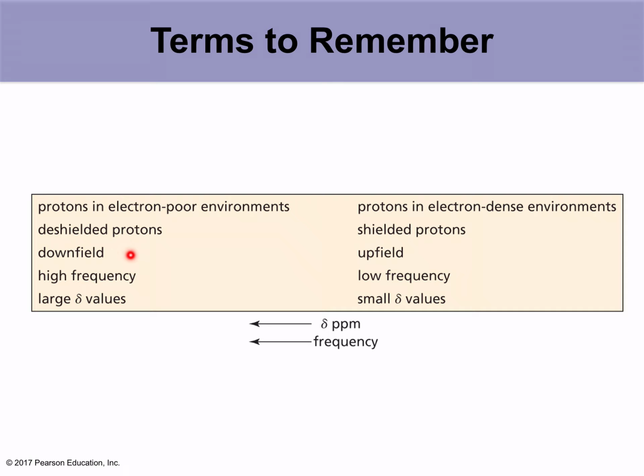They are more downfield, have high frequency, and have larger delta values. Protons in electron dense environments are shielded by the electrons, so they feel less magnetic field, and they are called upfield. They appear at lower frequencies, having small delta values. This is the direction in which the ppm, delta, chemical shift and frequency increase, and this is the area where we have our reference compound at 0, TMS.